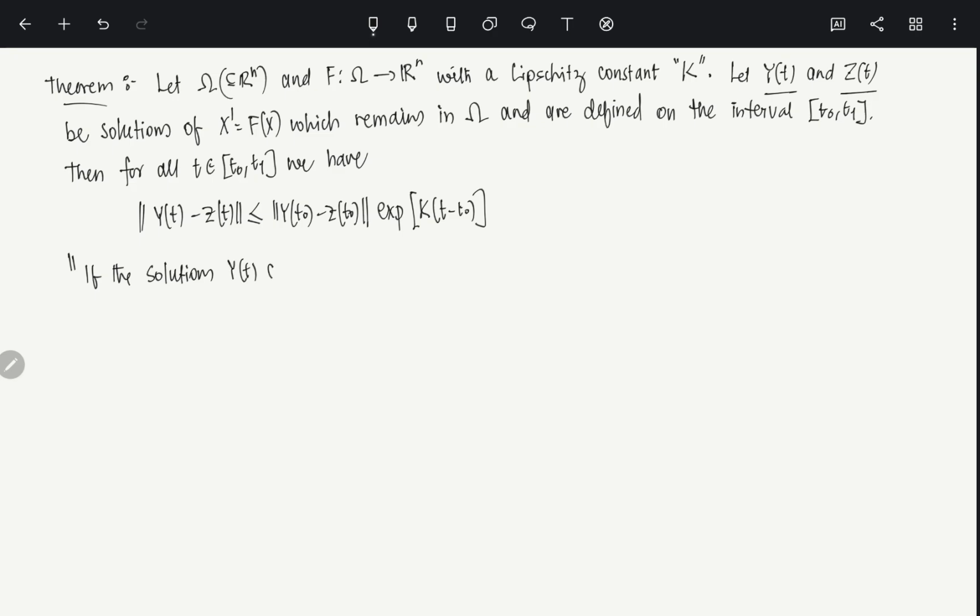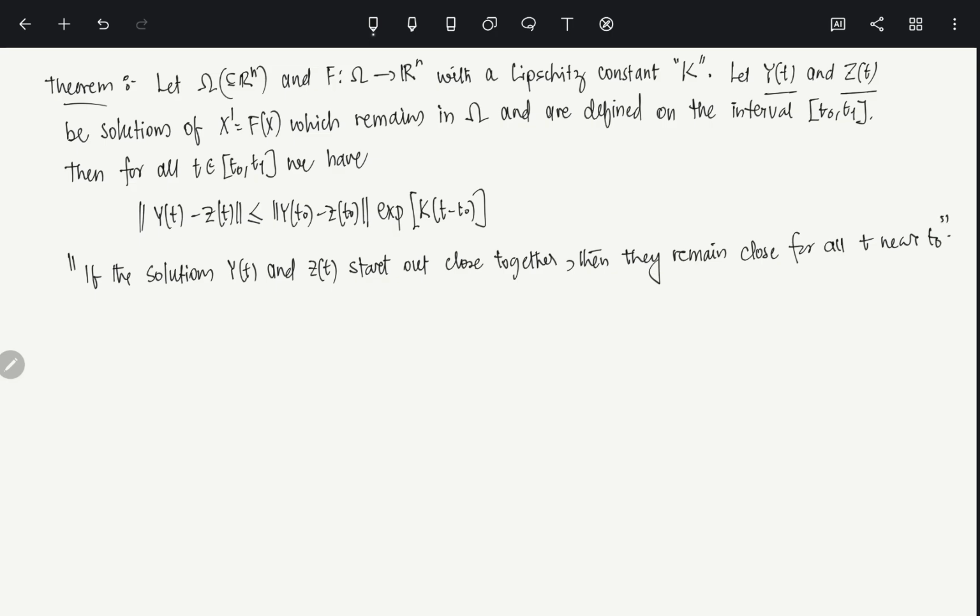If the solutions y(t) and z(t) start out close together, so the difference is very small, then they remain close for all time t near t0. Clear? Near t0.